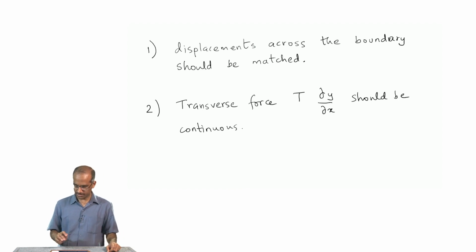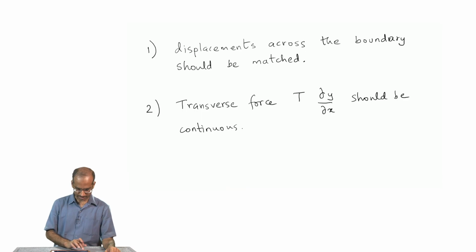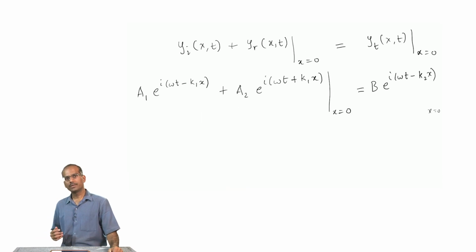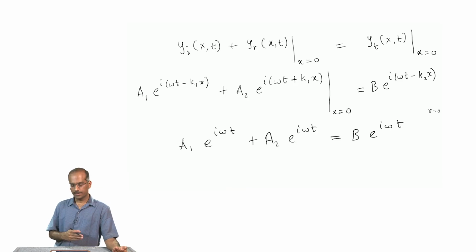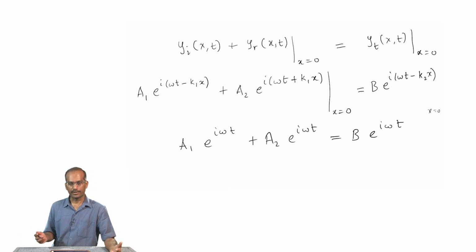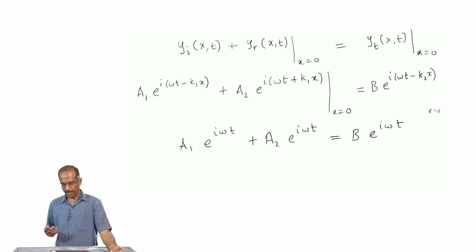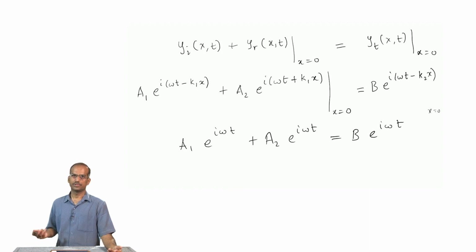So, first of that says that displacement should be matched, which implies the following. I just need to put in x equal to 0 in these equations, and as you can see, it will give me a1 times e power i omega t plus a2 times e power i omega t is equal to b times e power i omega t. And of course, e power i omega t can be cancelled. That is one way of saying that e power i omega t cannot go to 0.